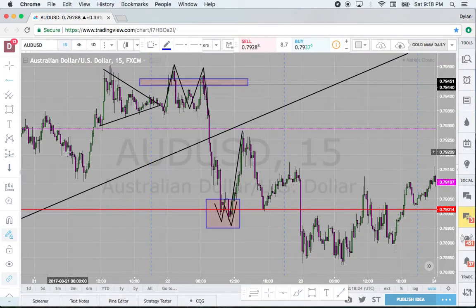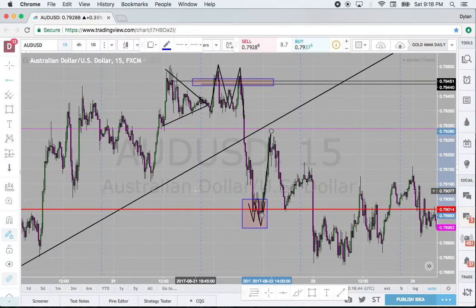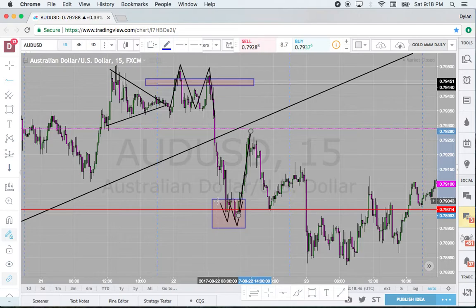Price, like I explained earlier, the fractal W formation formed here, and price was below the low of the previous day for about two, maybe 3 hours.